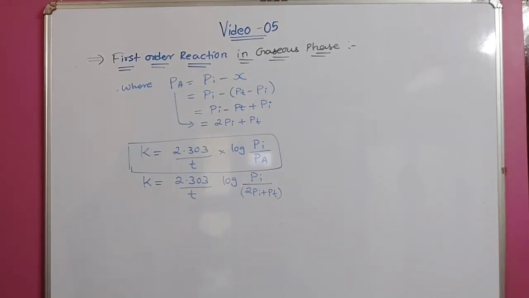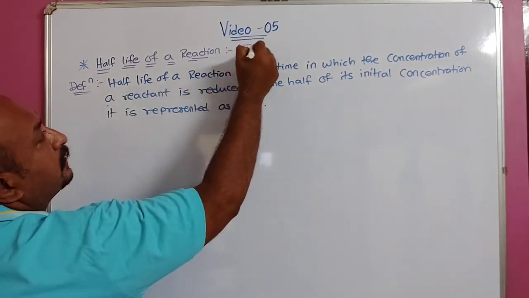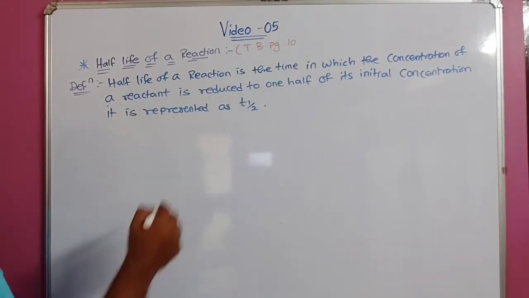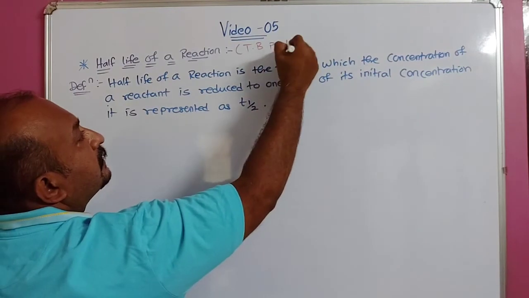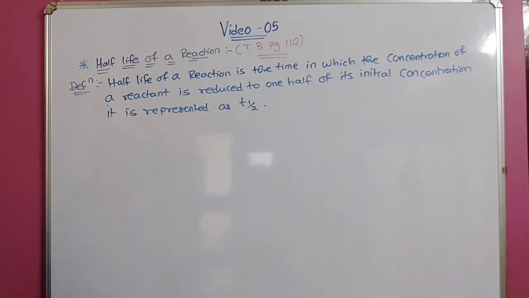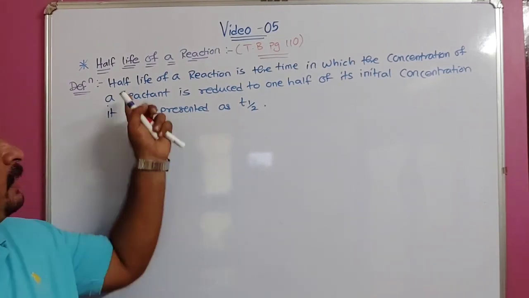Now we will go to the next topic, that is half-life of a reaction. Okay. Now half-life of a reaction is given on page 110 of the textbook. In that, a definition is given. What is the definition we say here?